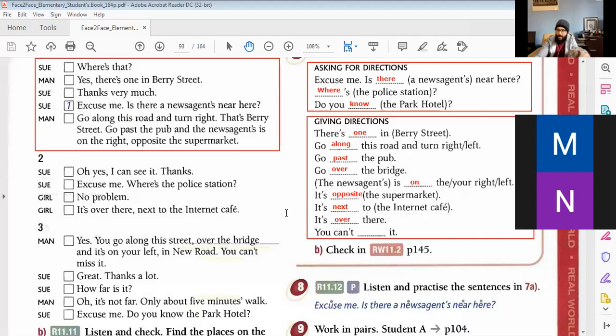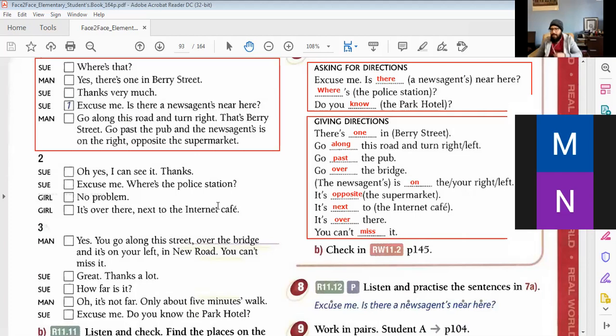You can't miss it. Correct. What does it mean, you can't miss it? What do they mean? What do you think? You can't miss it. I'm not sure.